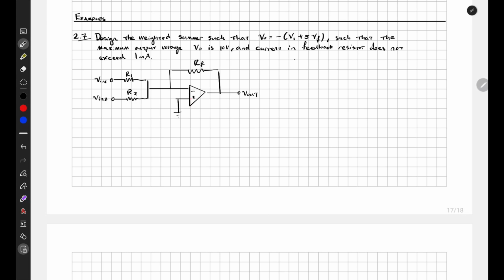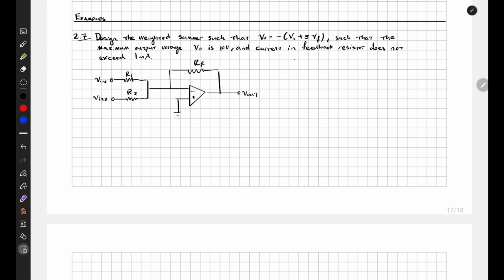a weighted summer circuit such that the first condition, V out is equal to negative V1 plus 5 V2, this relation of addition, such that the maximum output voltage, V out, is 10 volts. And then the current in the feedback resistor does not exceed 1 milliamp.